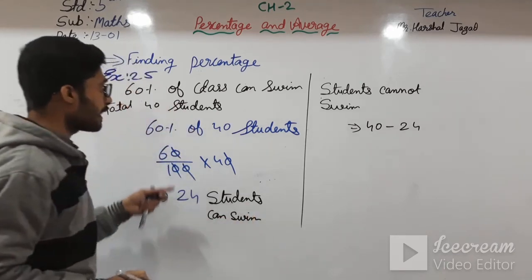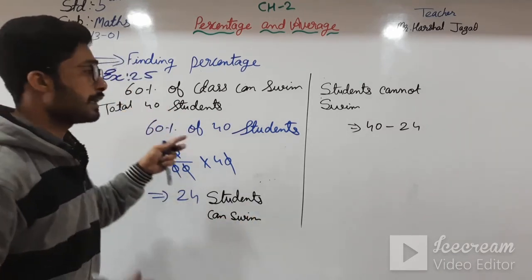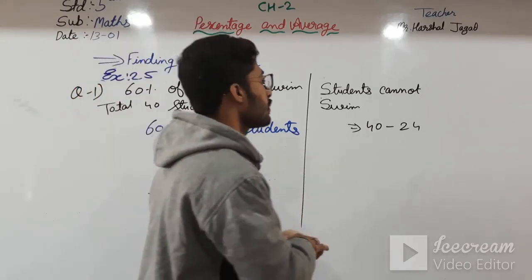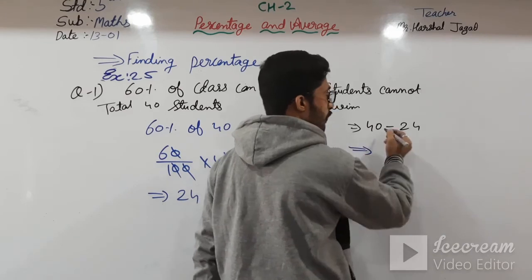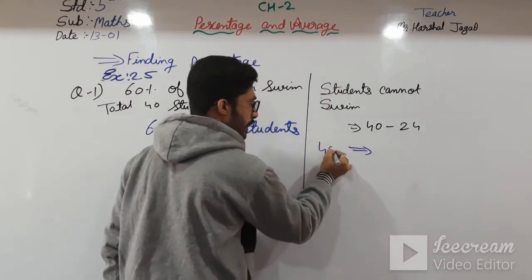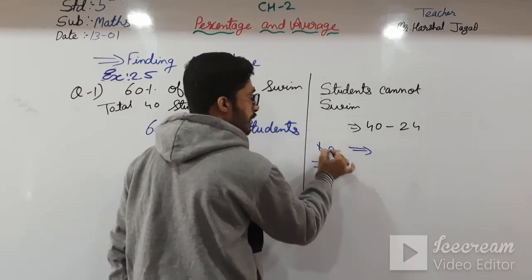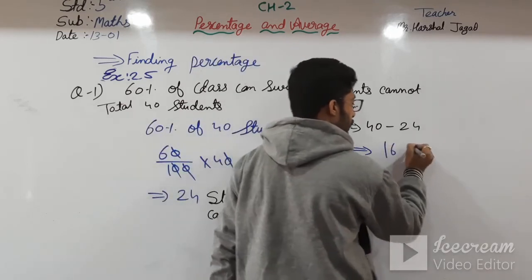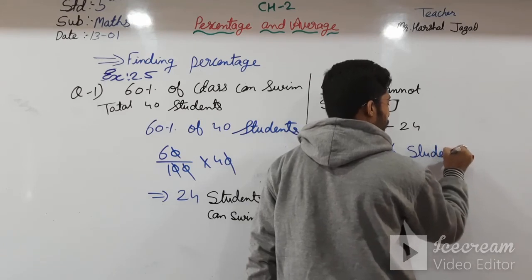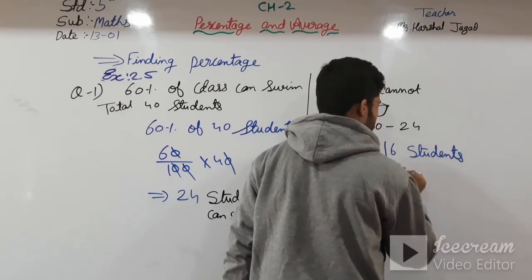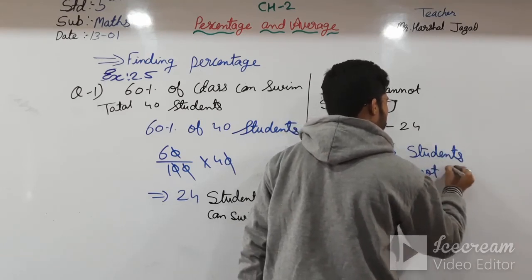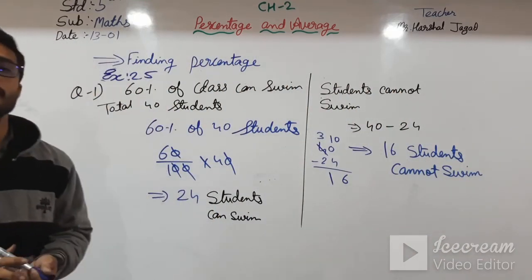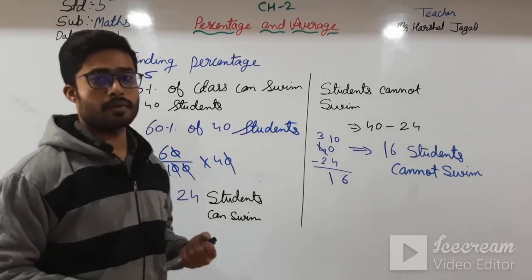So if I subtract 24 from 40, then the students who cannot swim, that will be our answer. So 40 minus 24, here it will be 3, here it will be 10, here it will be 6, 1. So 16 students cannot swim. This is our answer. Please note down, students.